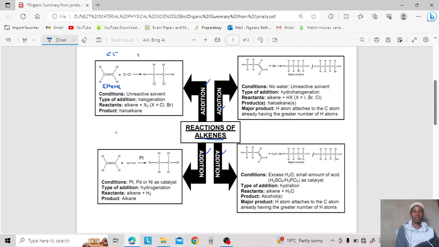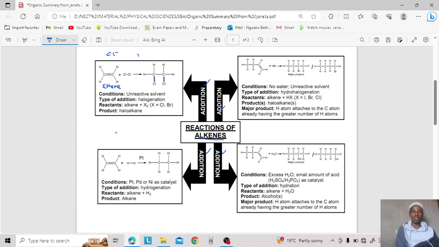Here they are bonded together, and now they are going to react. One bond is going to break here, and then it will accommodate the Cl. Now all the carbons have single bonds, and there are 4 bonds on each carbon.